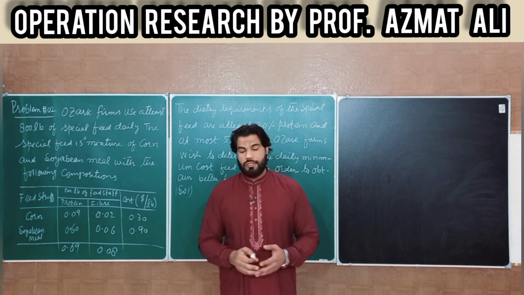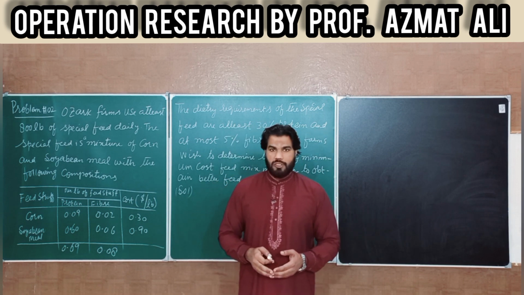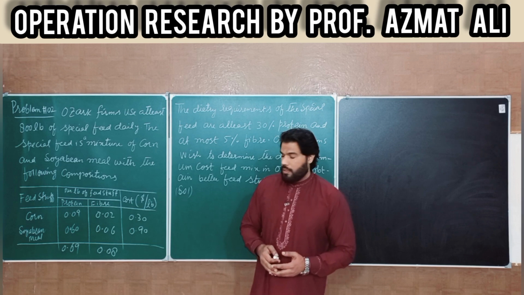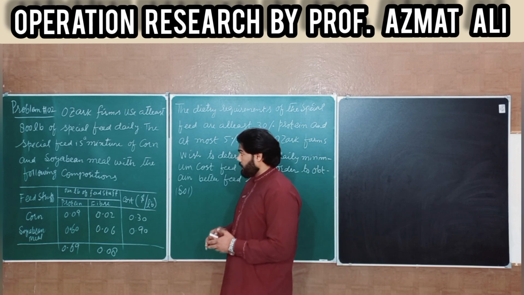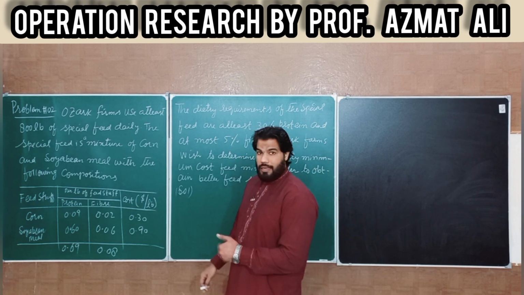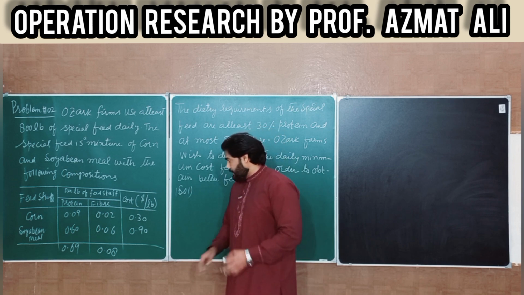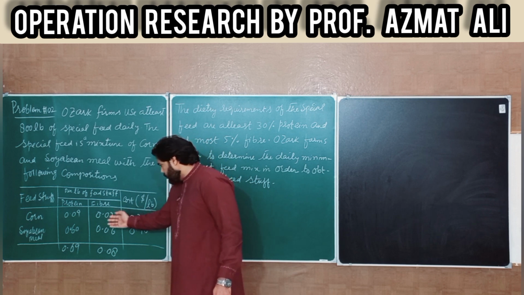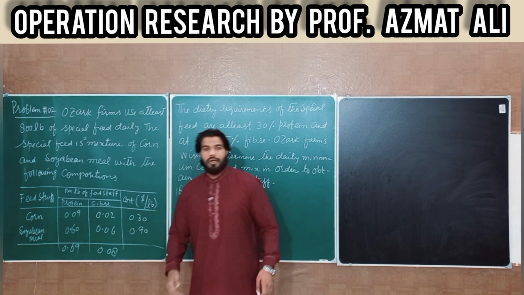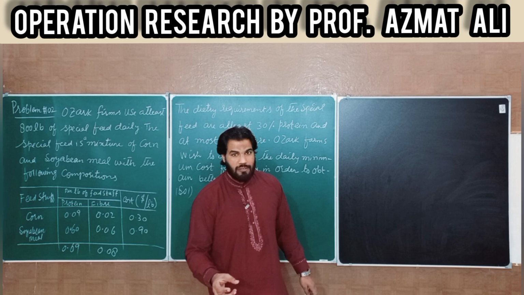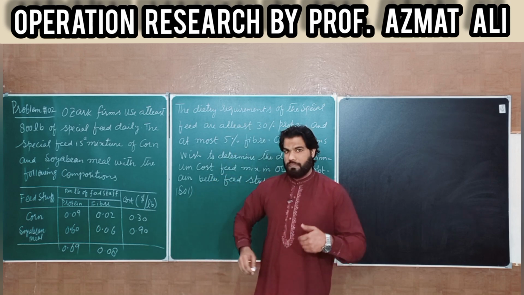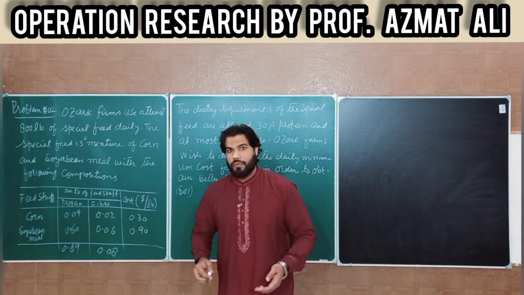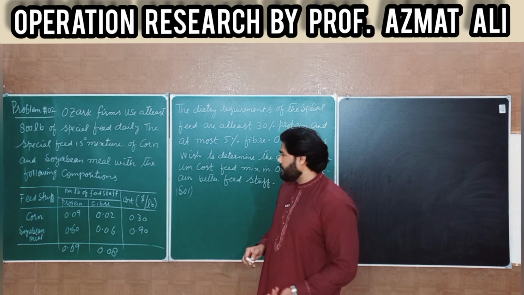This problem is similar to problem number 1, but it has some differences from problem number 1. One of the differences is that the figures used here, that is 0.02, 0.30, 0.06, are somewhat more tedious than the figures we use in our usual questions.